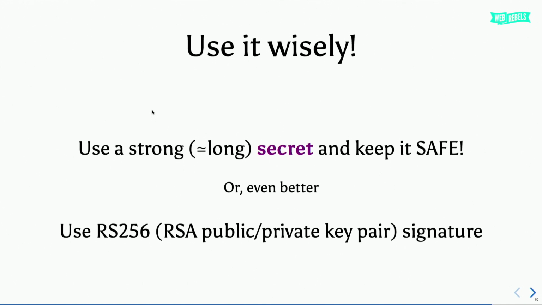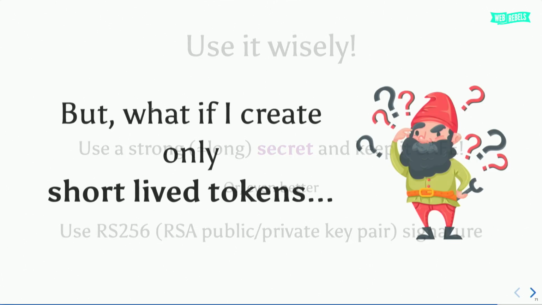So it's much safer, and it's easier if you just want to validate the token. You don't need to have the private key because you can only use the public key. The only concern there is that you will get much bigger tokens. So if the size of the payload is a concern, then maybe it's better to use the other algorithm.